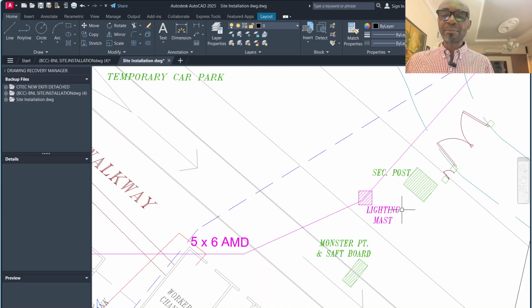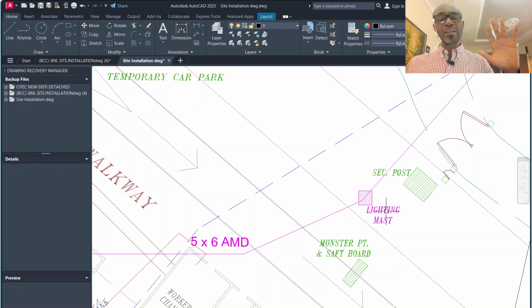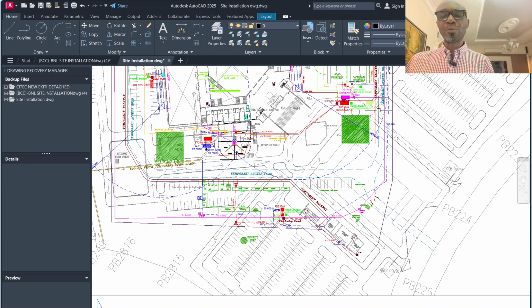There's a lighting mast by the gate, and these lighting masts are high with a big halogen so that the light illumination can go far. And you know the size, you know the capacity and all of that. Then with this drawing, it enables you now to measure all your temporal works.